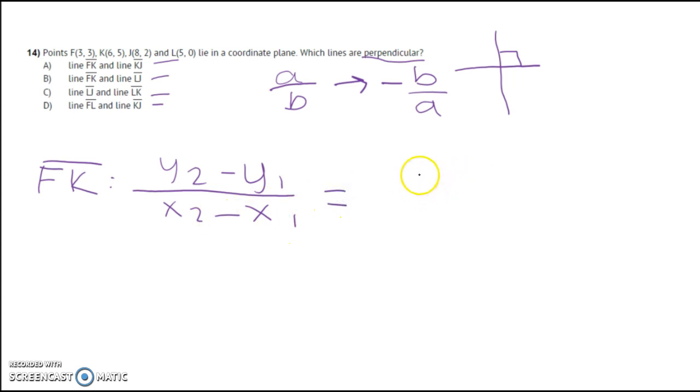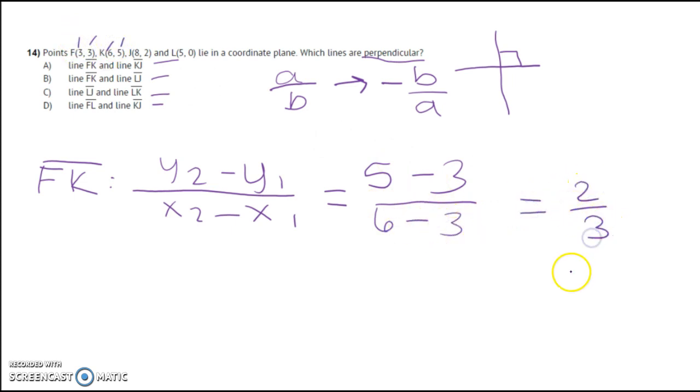So y2 minus y1 gives us 5 minus 3 from FK, over x2, which would be 6, minus x1, which is 3. So we end up with 2 over 3. That's the slope of line FK.